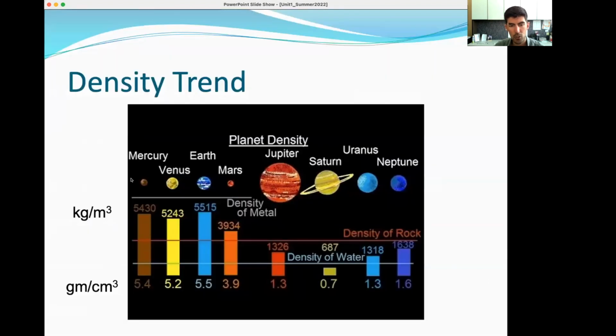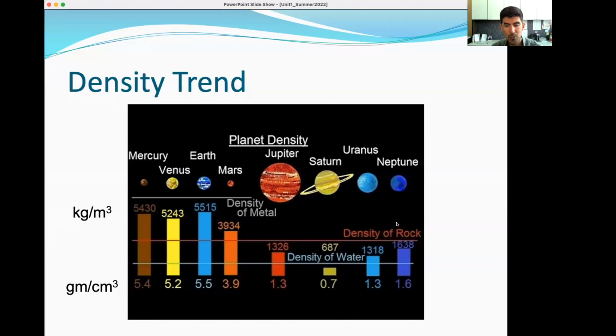And then here is a graphic that sort of compares this. In the inner solar system, we see relatively high densities, and then we are able to compare the various materials. Here we have the density of metal. It's really dense. Here's the density of rock. And because the terrestrial planets have different layers of metal and rock, we see their densities fall in between those different densities.